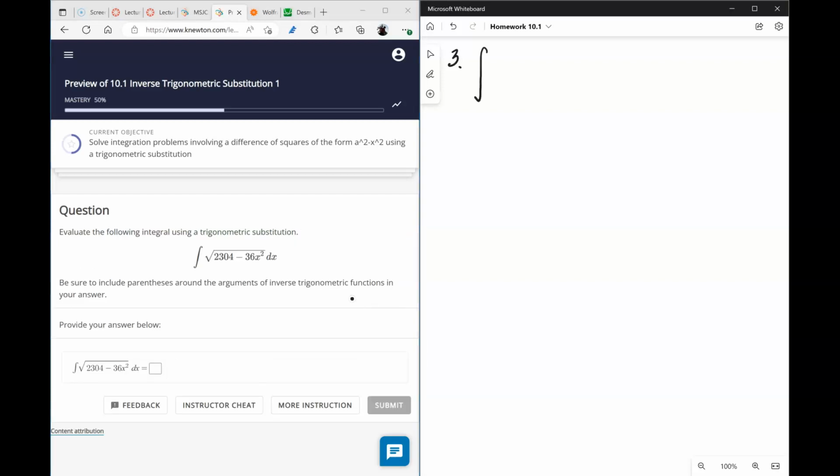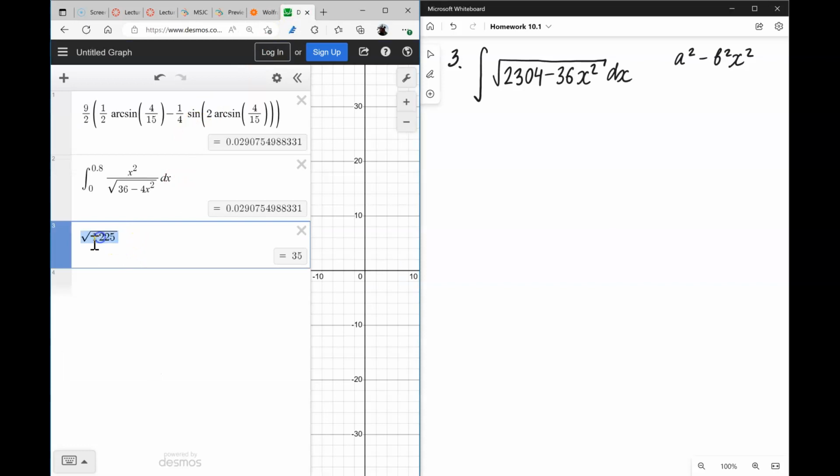Alright, so here we have an integral of just the square root of 2304 minus 36x squared dx. What you want to notice is that 2304 is the perfect square of 48.